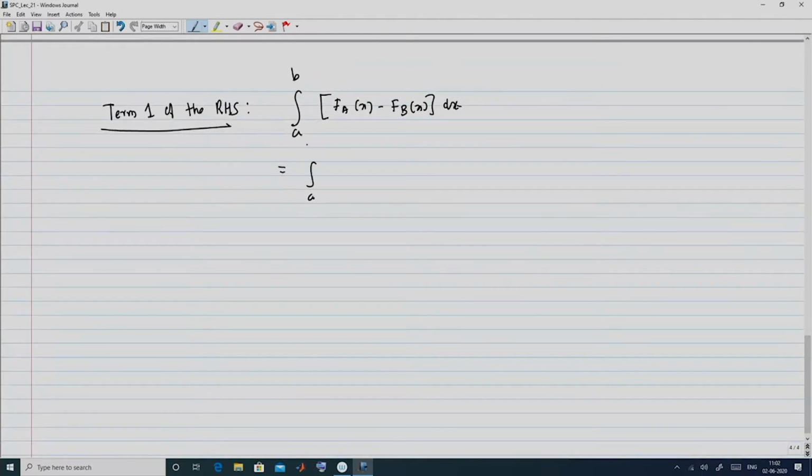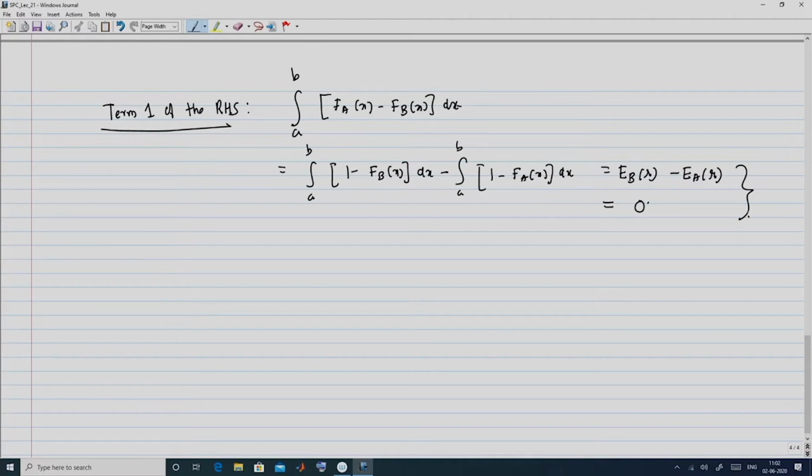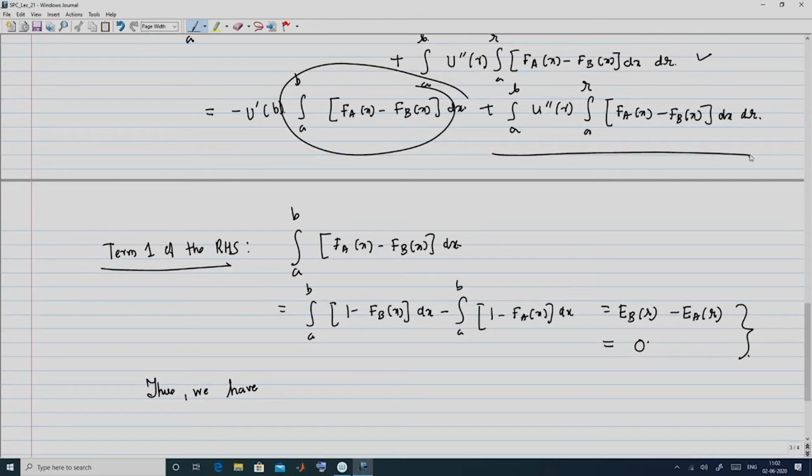This becomes integral a to b 1 minus F_B of x dx minus integral a to b 1 minus F_A of x dx, and this is nothing but E_B of r minus E_A of r, and this is equal to 0 because we assume that both the expectations are identical. Thus the first term above vanishes and we only have the second term as given here.